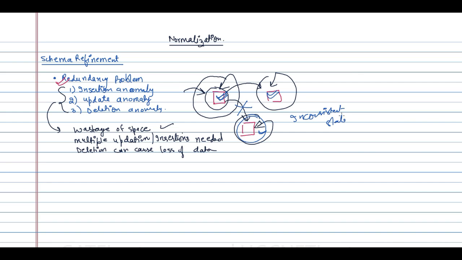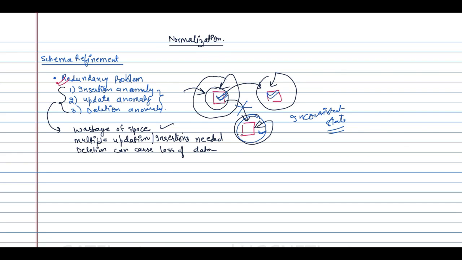So that inconsistent state is caused by these kinds of anomalies, which can cause an inconsistent state of the data items. Okay, so when we try to normalize the schemas, we are trying to remove all these anomalies as much as possible, so that we will not be facing any problems related to this.